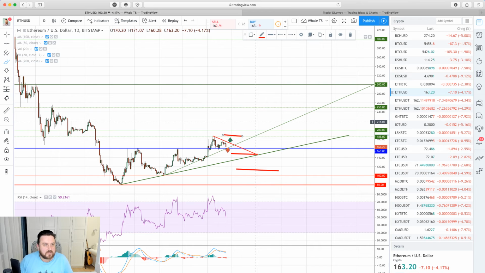When we talk about crypto trading, I can say that patterns like double tops, double bottoms, head and shoulders patterns, and triangles, sometimes flags, can be used for trading.